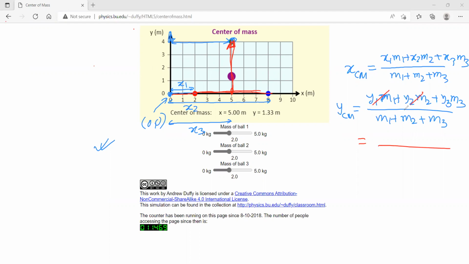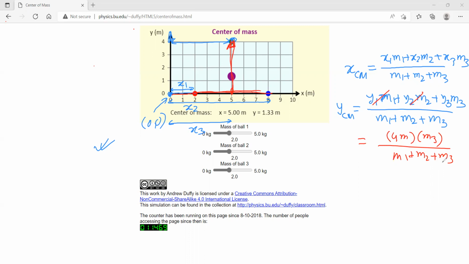This will be 0, this will be 0 because they are on the y equals 0 line, and this will be 4 meters times m3, divided by m1 plus m2 plus m3. So if you have a combination like this simulation, then we have to determine both the x coordinate and the y coordinate of the center of mass.